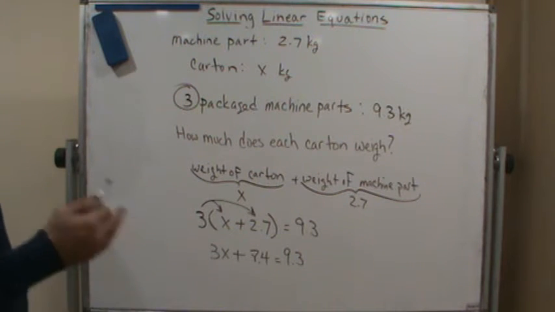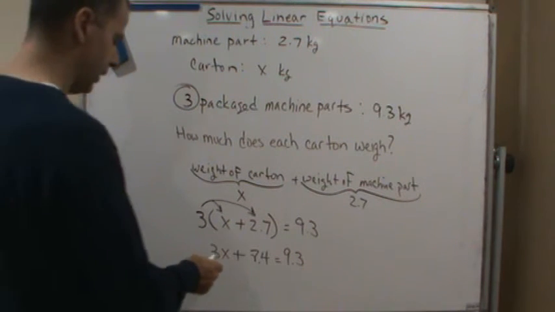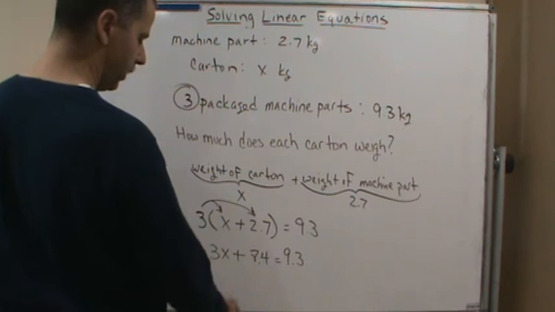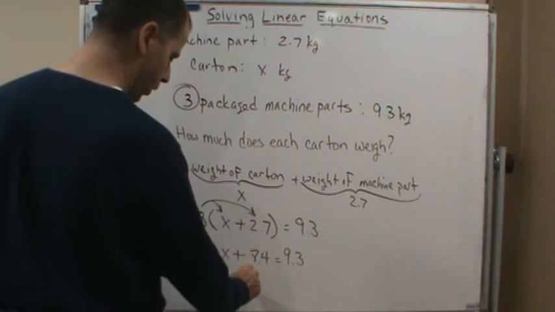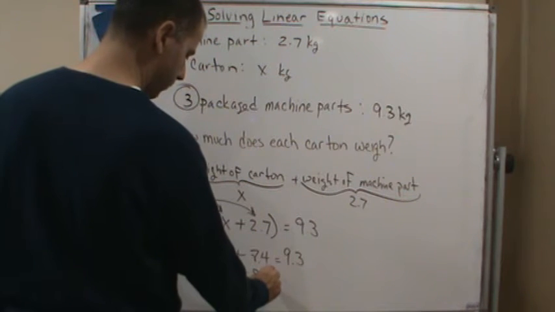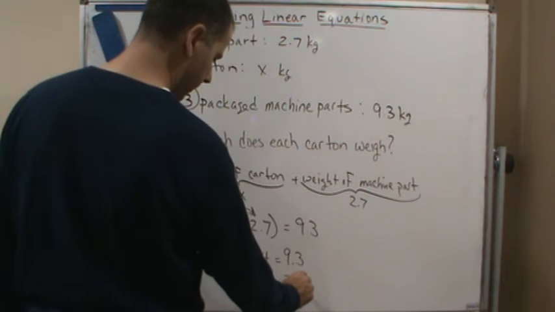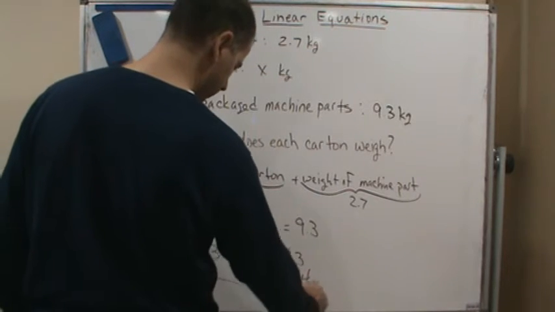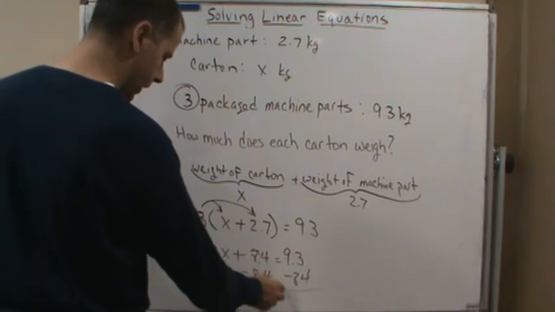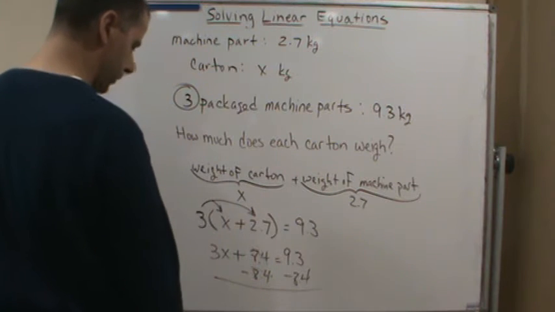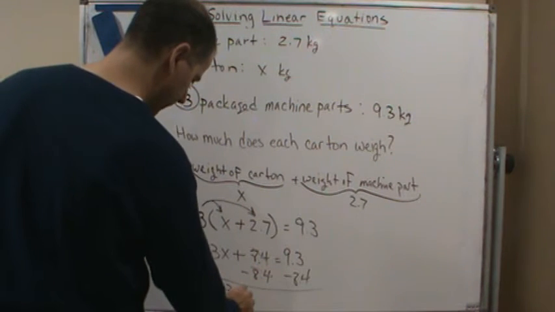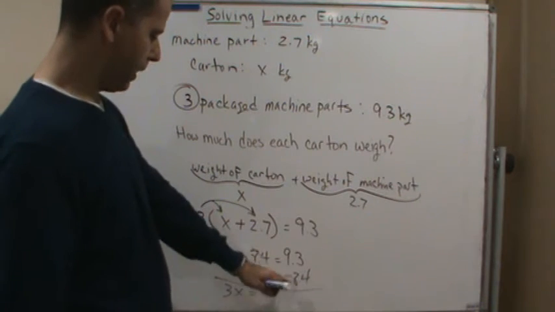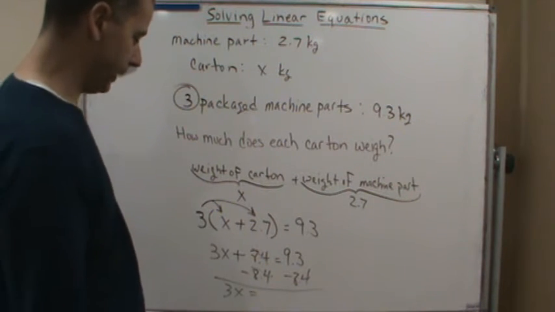Okay, now we're off to the next step, which is we're going to move all the constant terms to one side, variable terms to the other side. Since we only have one variable term over here and no variable terms over here, we're just going to move the constant term over by subtracting 8.4 from both sides. Of course 8.4 minus 8.4 is 0, so we get 3x equals 9.3 minus 8.4, which is 0.9.